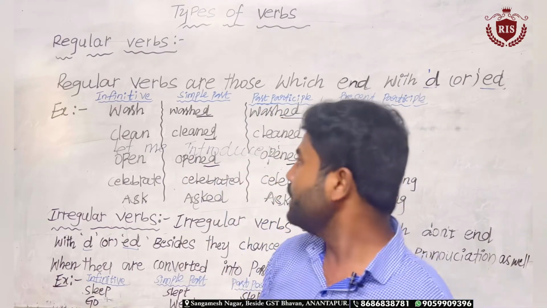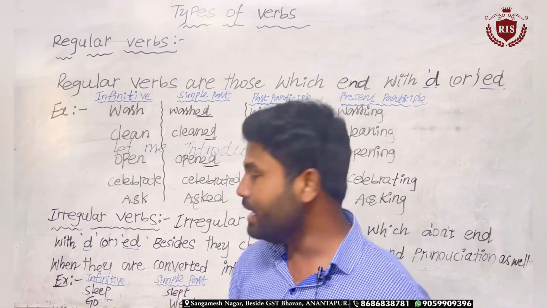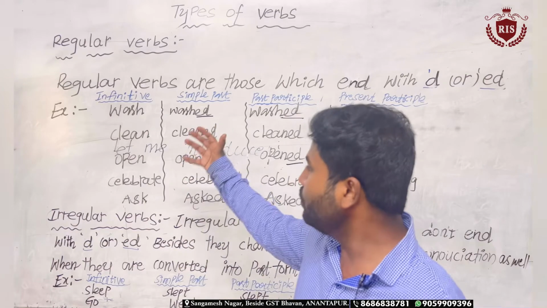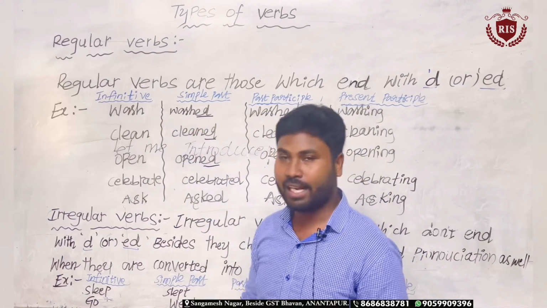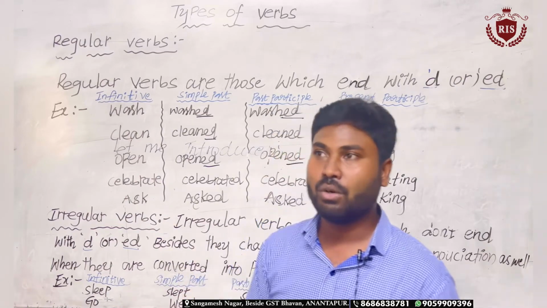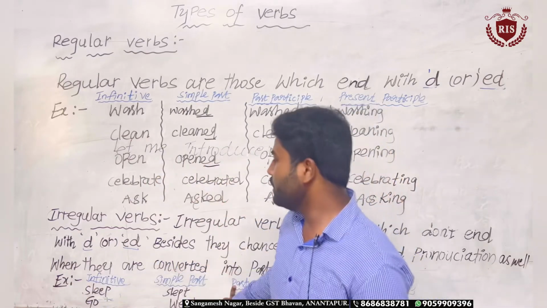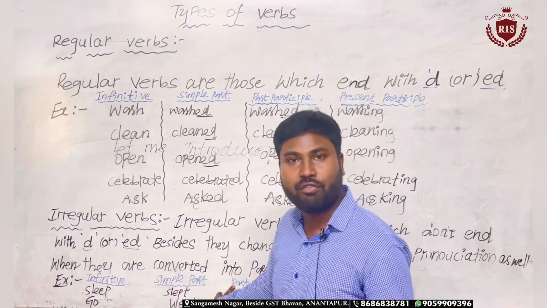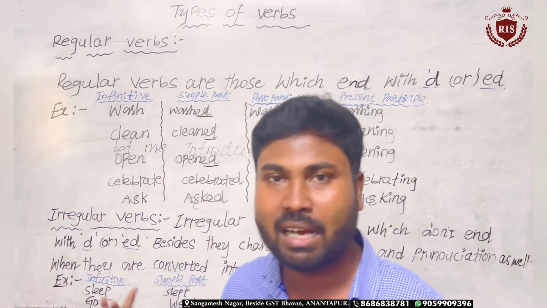And your homework for today is you have to write some examples for regular verbs and some examples for irregular verbs. So at least write 50 for regulars, next 50 for irregular. Okay, you need not search somewhere else to write these examples.